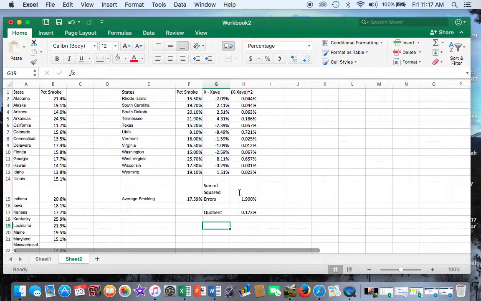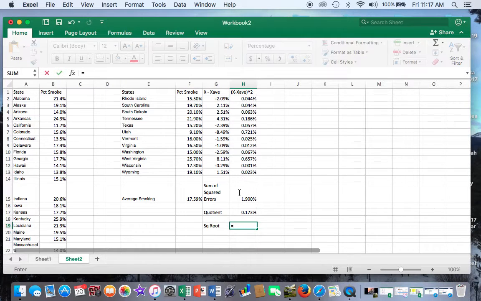And then my next step is to take the square root of that for the estimated standard error. So we can say it's the square root, equals H17 to the 0.5.